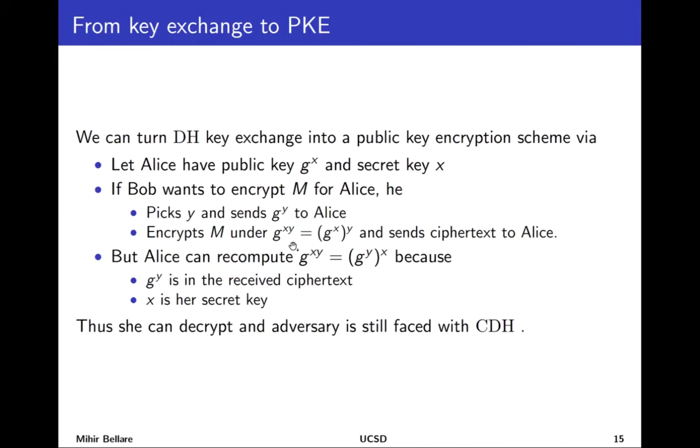What does Alice do? She recomputes this, that's the Diffie-Hellman part, and then once she has that, she will decrypt this ciphertext here using this as the key. That was a symmetric ciphertext. The recomputation here is done as in the Diffie-Hellman key exchange.